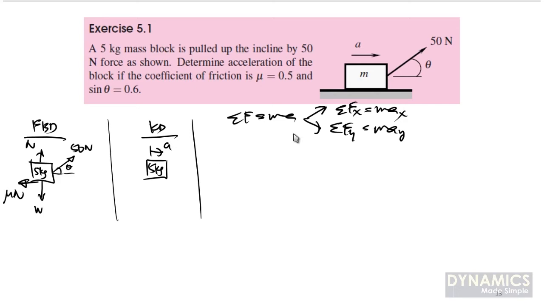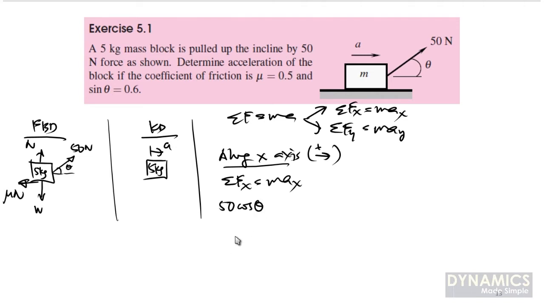So we'll be looking along the x-axis first. For the summation of force along x, we refer to our free body diagram. In this case, we'll be taking positive to the right. So we have 50 cos theta minus mu n, then equals to the summation of force.